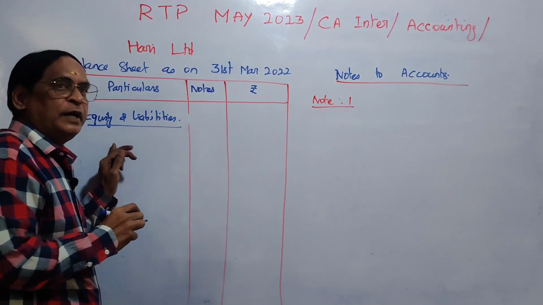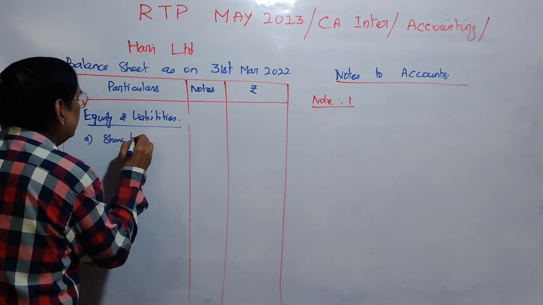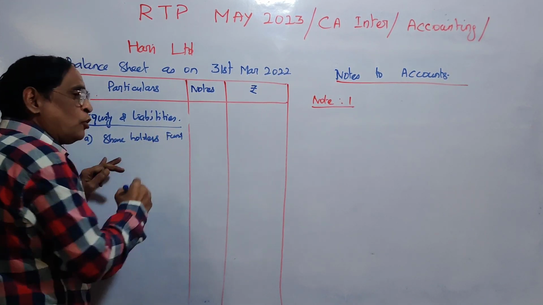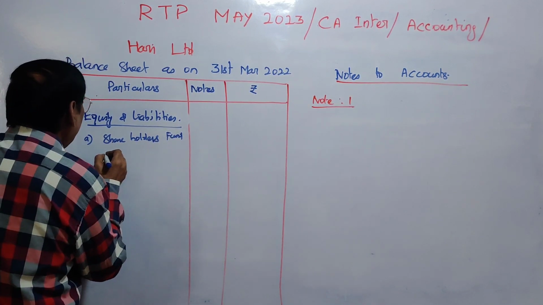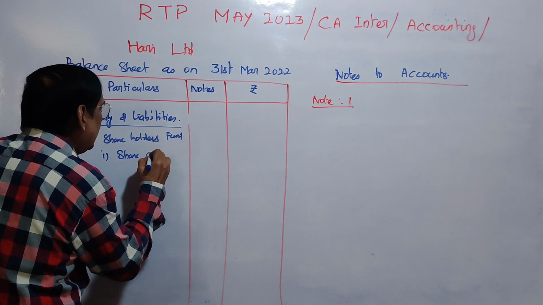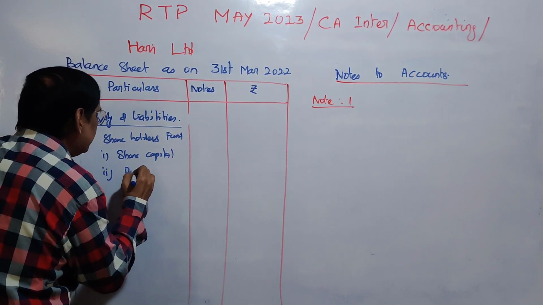Under equity and liabilities, the first one is shareholders' funds. Under shareholders' funds, the first one is share capital, and then reserves and surplus.